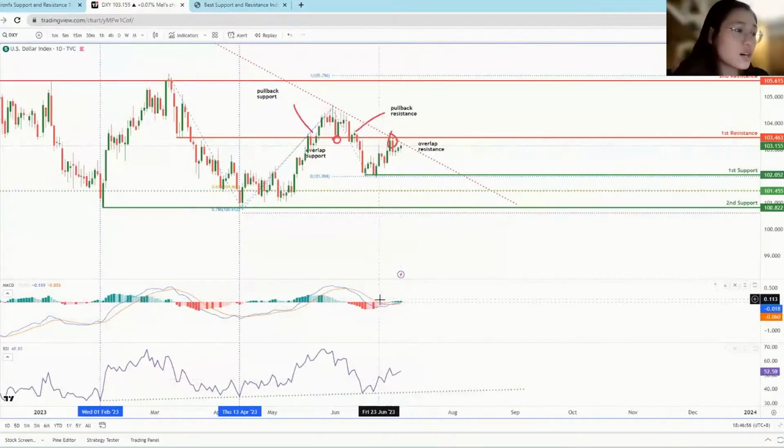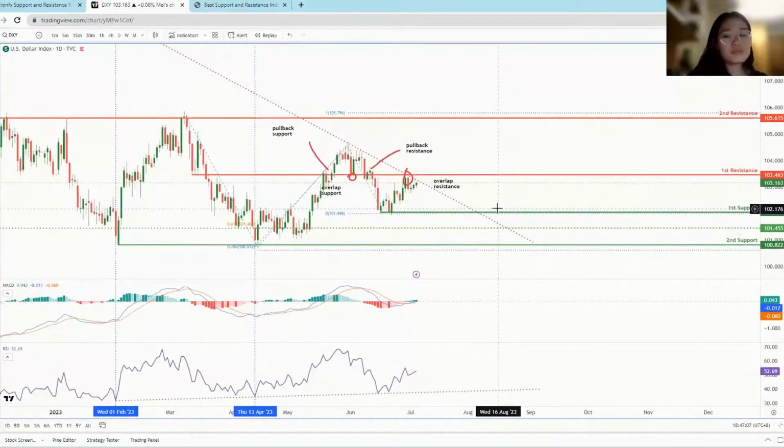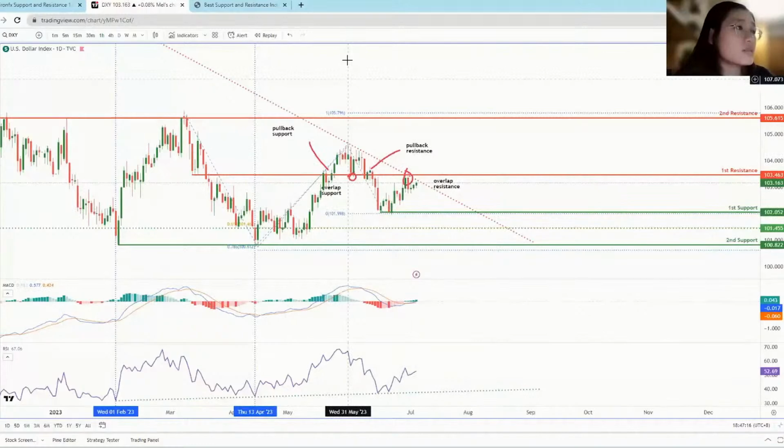So these bullish signals are likely showing us that it's only going to head up towards our first resistance before continuing downwards. Okay. Let me know if there are any questions or any other requests that you guys would like me to go through.